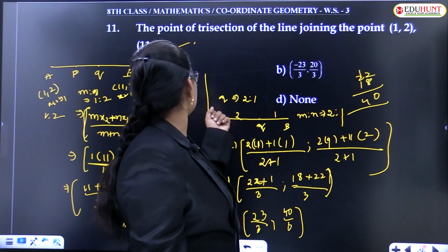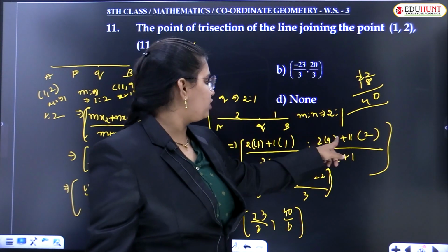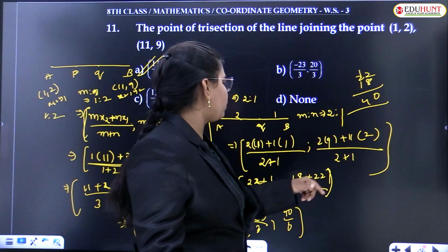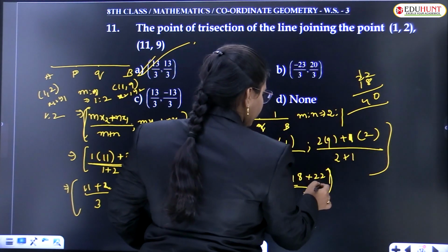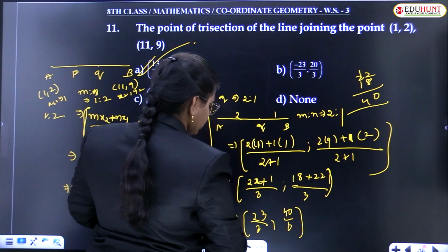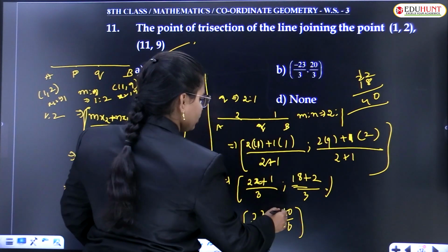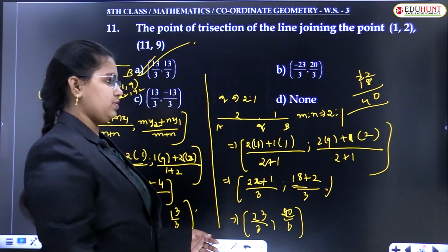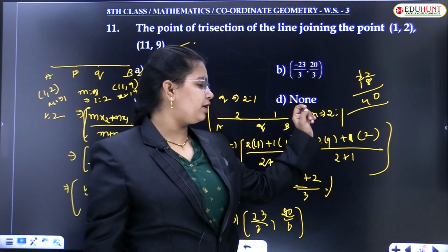See here, y1 is 2, correct? 2 18s and this is 1. But here I have written 11, right? Just a minute. So this should be 18 plus 2, correct? So then it will become 20. Yes, now it will be clear. This n is 1, right?